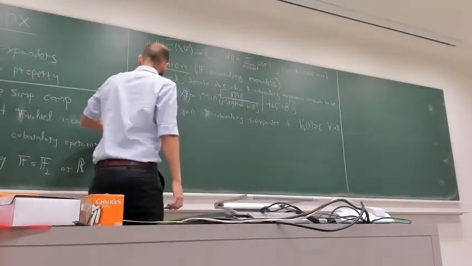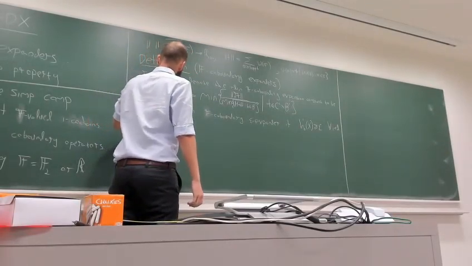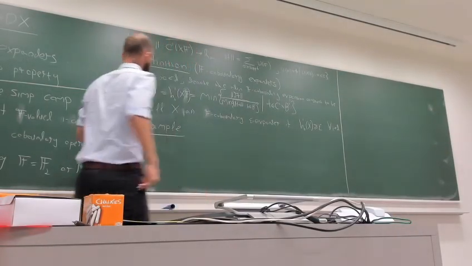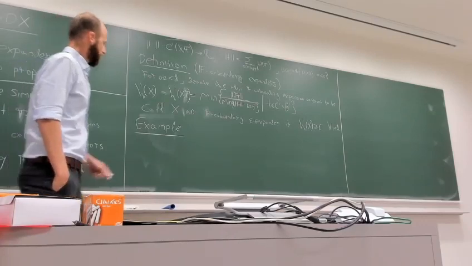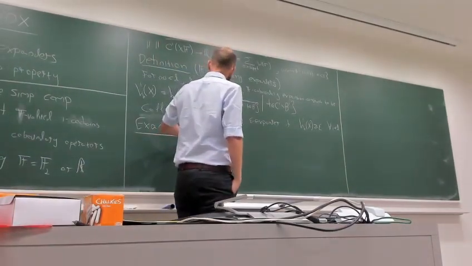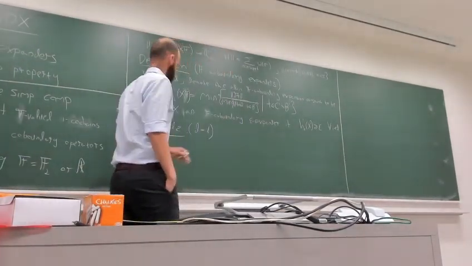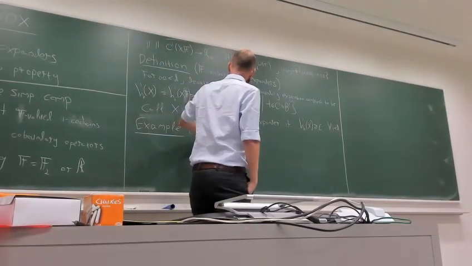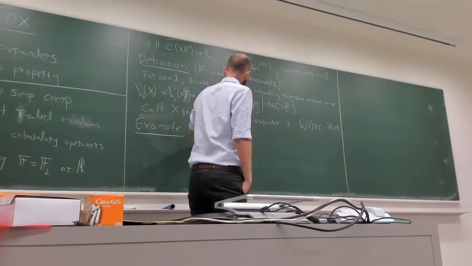And let's spell out this technical definition in the case of dimension 1, for graphs. So dimension 1, and so the only interesting case is i equals 0.